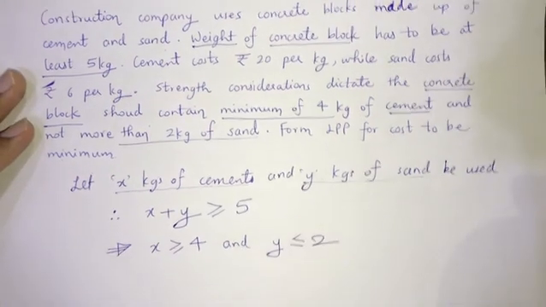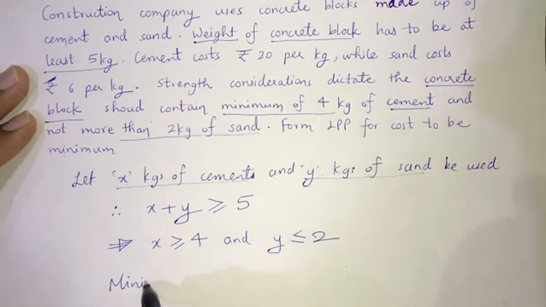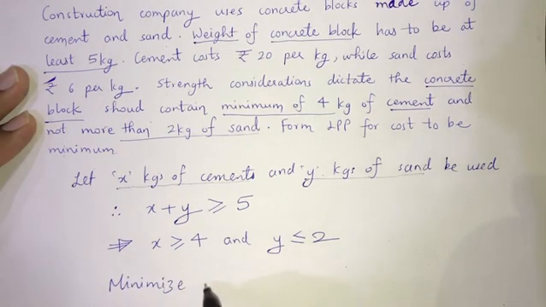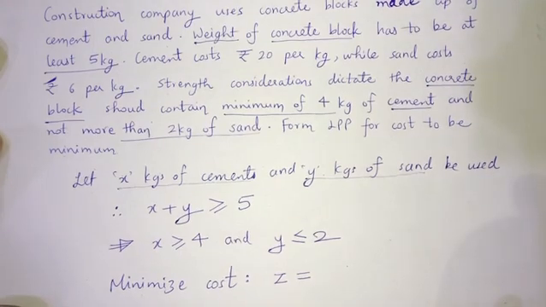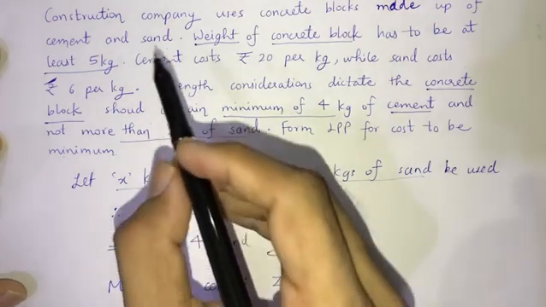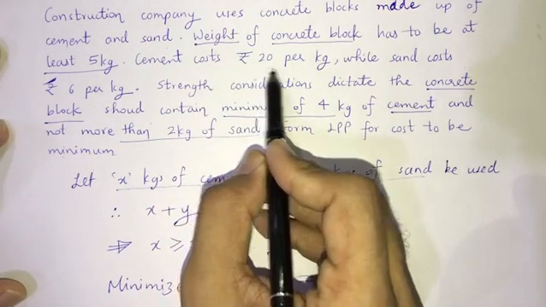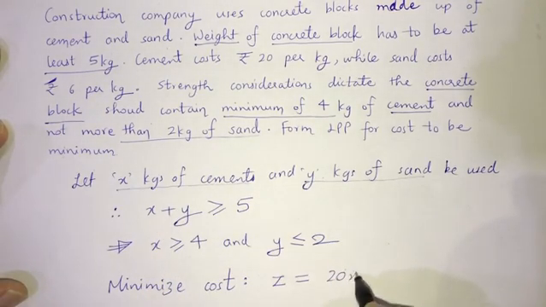Okay. What will be the total cost? Minimize the cost, that is, Z equals. Now what is the cost? The cost of making concrete blocks depends on the cost of cement and the cost of sand. Cement costs 20 per kg, and here we are using x kgs of cement, so we have 20x.